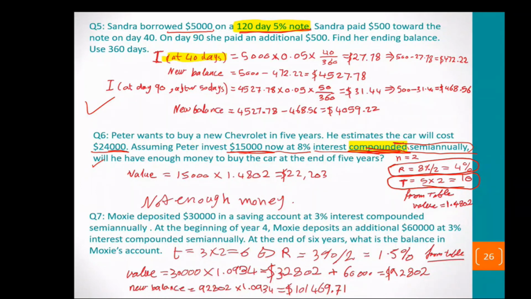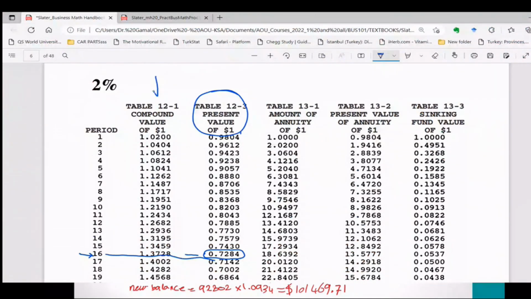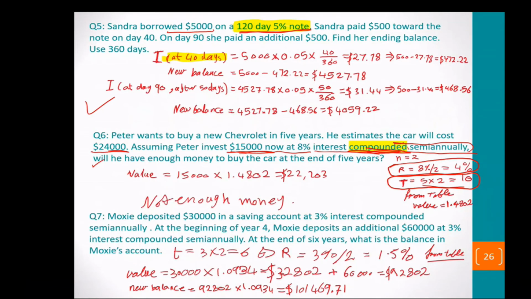So I have to look in my table, this column, compounded, because he invests this amount. He doesn't invest 24,000. He invests 15,000 for 5 years, and asks you, is it enough?